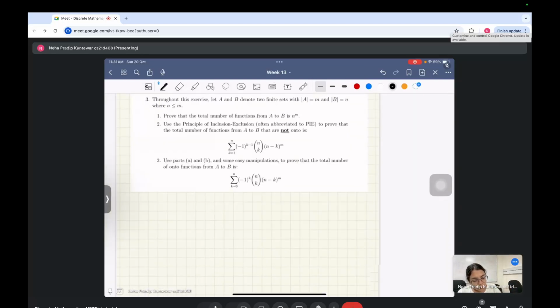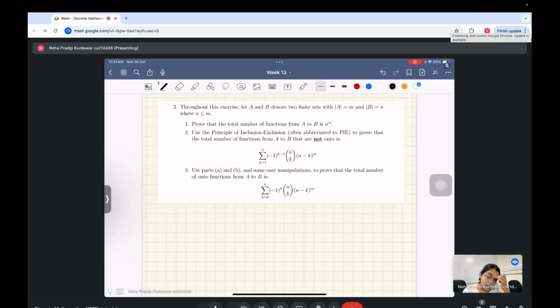So yeah, I'll move on to the next topic, which is the principle of inclusion exclusion. And we will also recall what are called functions and their properties.